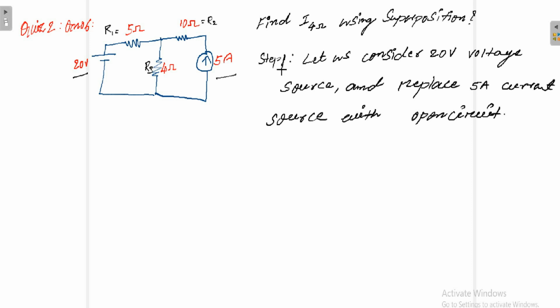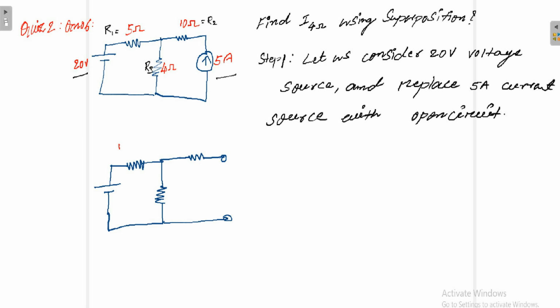By applying step 1, the circuit becomes like this. Current source is open circuited.